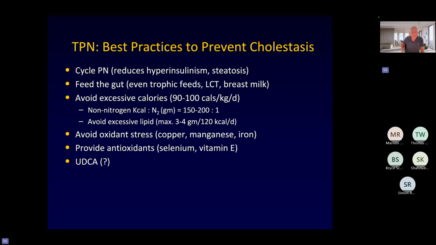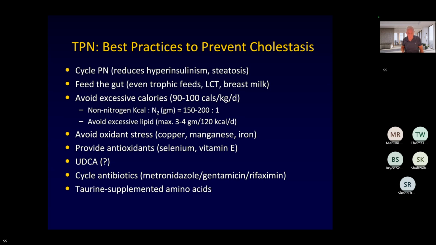Ursodeoxycholic acid, again, in the cholestatic patient may be of use. Cycle your antibiotics. These, of course, will be for patients who've had bacterial overgrowth or who are at risk for bacterial overgrowth. The ones we typically use are metronidazole, gentamicin, and rifaximin. And again, most TPN solutions now are taurine supplemented. Remember, taurine is your preferential conjugate for bile acids in the liver in the newborn.